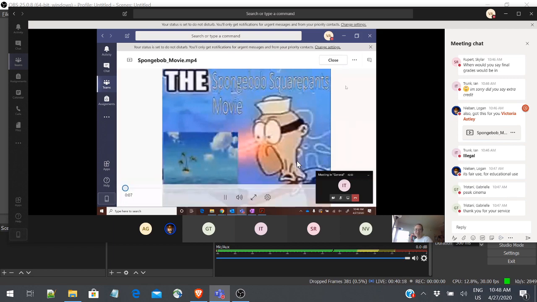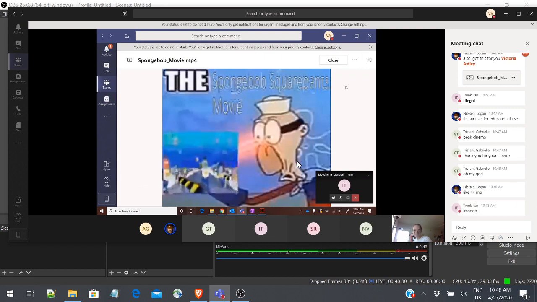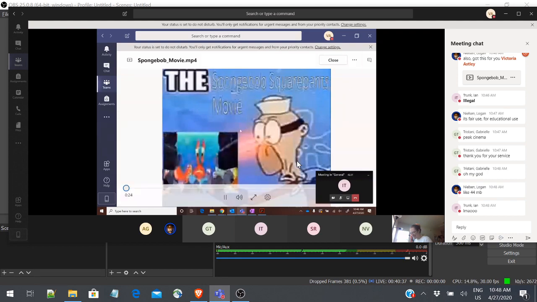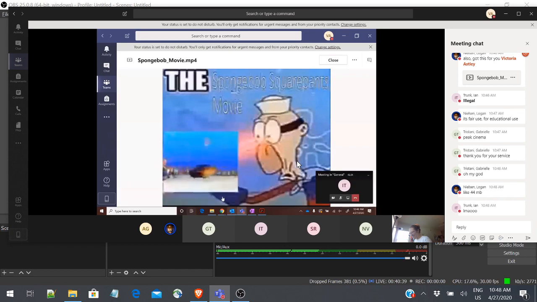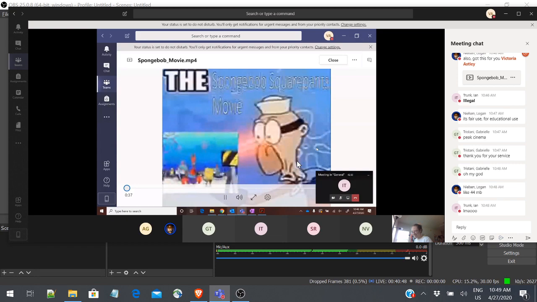Is this just like the MP4 file? How big is this file? Oh, I see. Wow. There's almost like 10 whole pixels in this image. 44 megabytes.